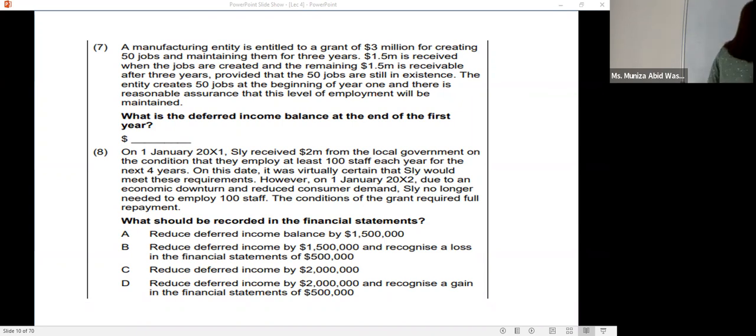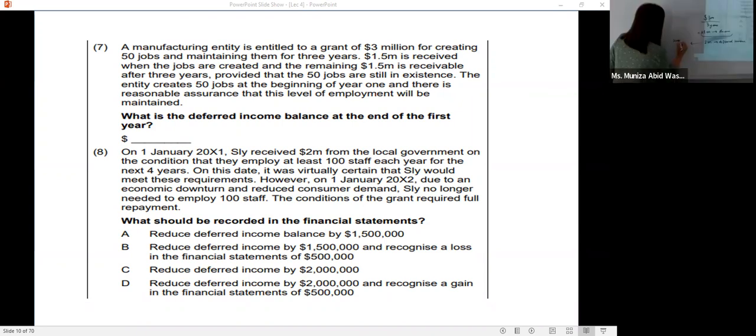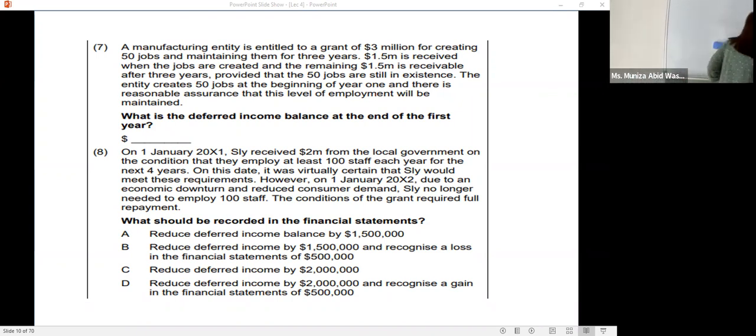Is it the one which we are going to write in the liability as per the concept? Am I right? But they are telling that 1.5 million is received. It means that the remaining 0.5 million will be the deferred one.